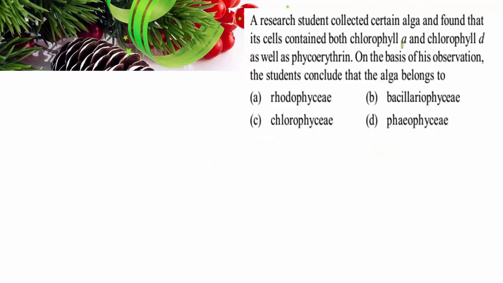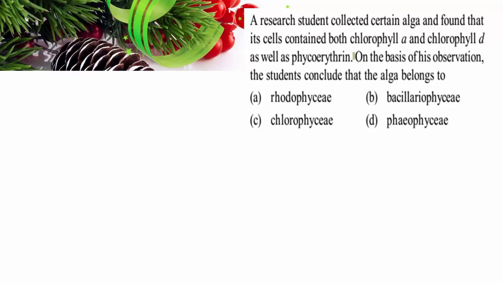Then, a research student collected a certain alga and found that its cells contained chlorophyll A, chlorophyll D as well as phycoerythrin. On the basis of his observation, the student concludes that the alga belongs to. So, pigments are clearly mentioned in the question.